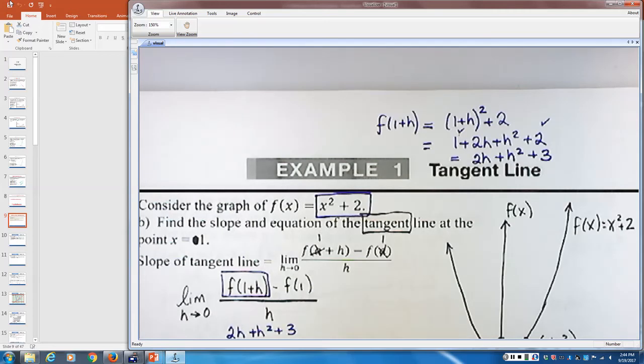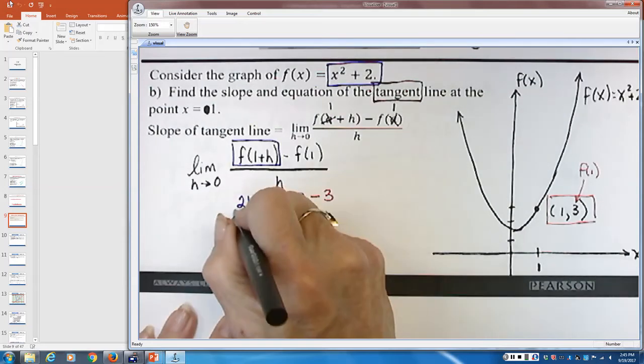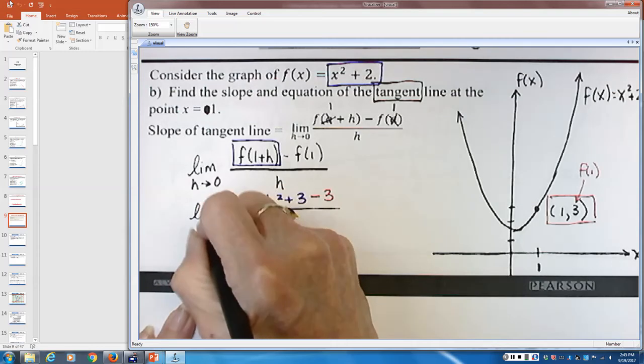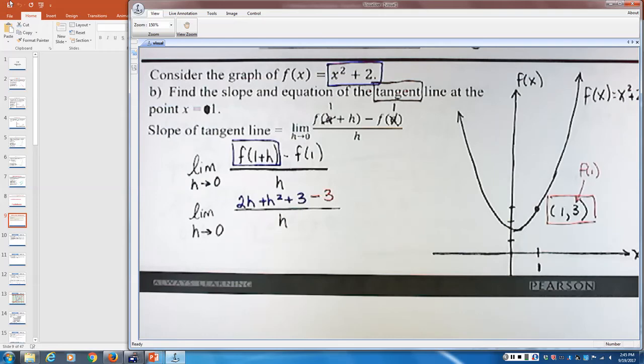Now we already know f of 1. F of 1 is equal to 3, right? What happens when you have plus 3 and minus 3?